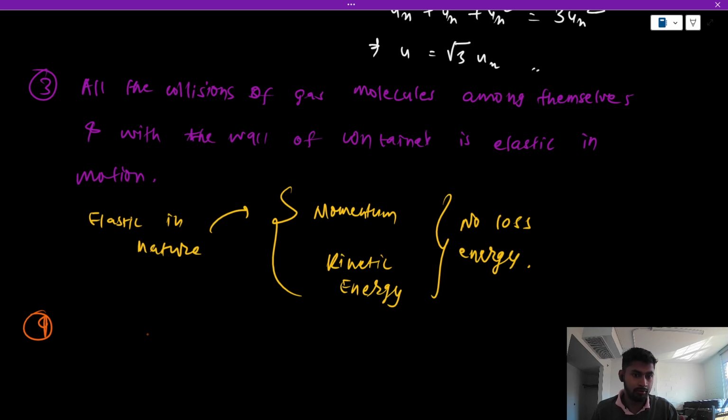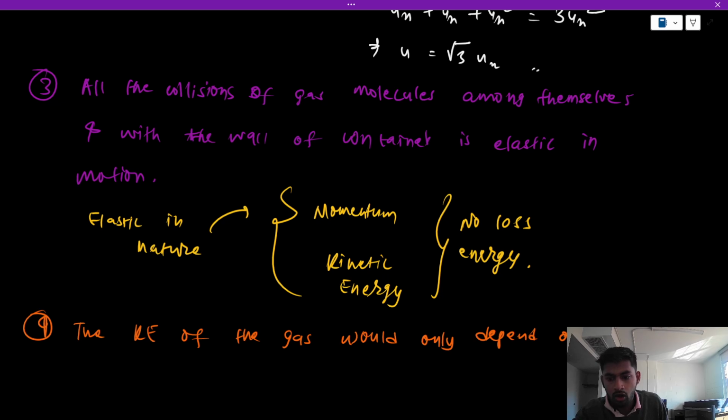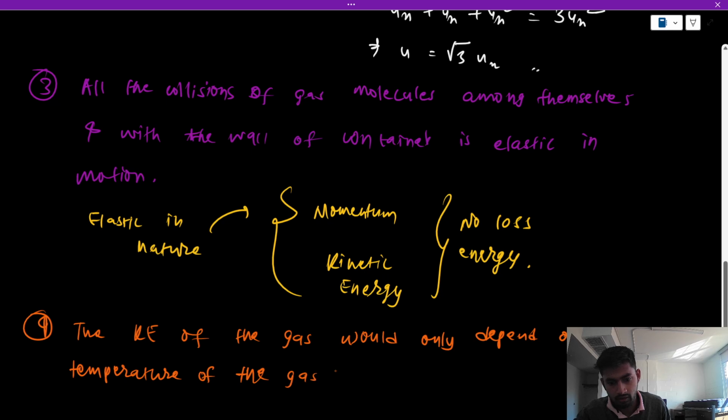The postulate that implies elastic collision would be that the kinetic energy of the gas would only depend on the temperature of the gas, absolute temperature in that sense.